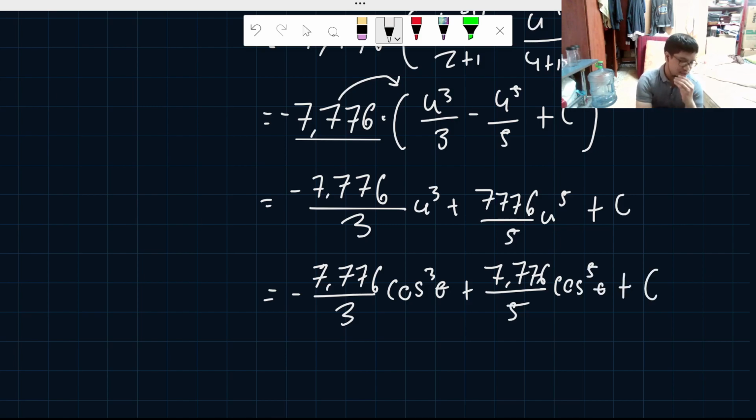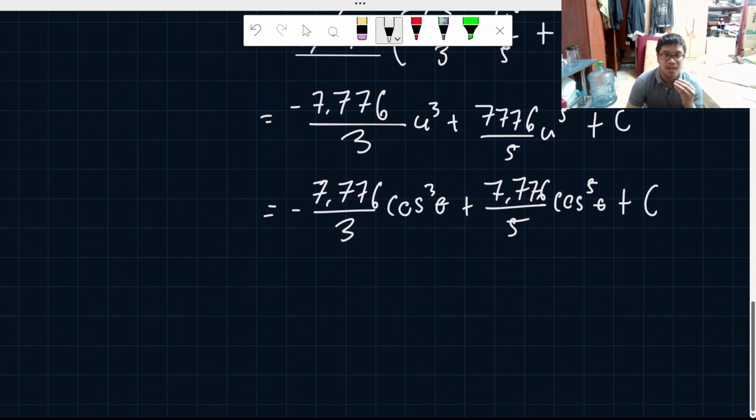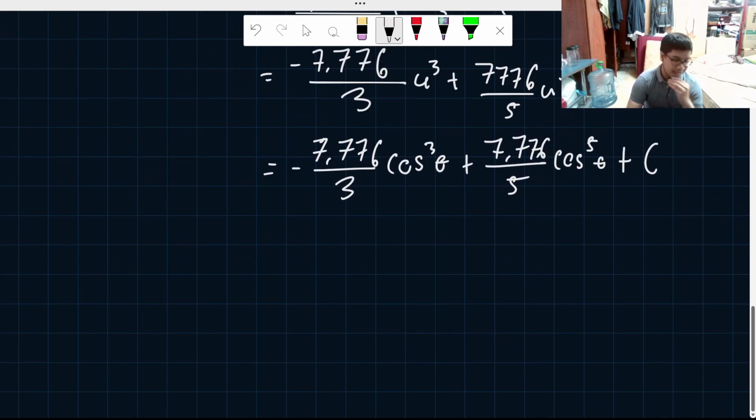But we're not done yet actually, because if you take a look at the very first problem, your answer is with respect to x, right? I mean, the given integration here is with respect to x, and the independent variable here is, again, with respect to x. So meaning, we must change this theta into x.